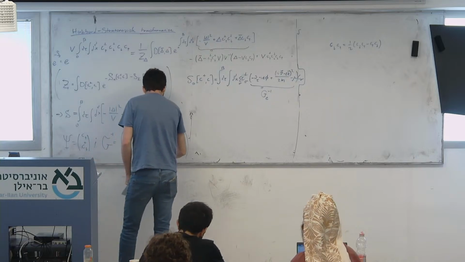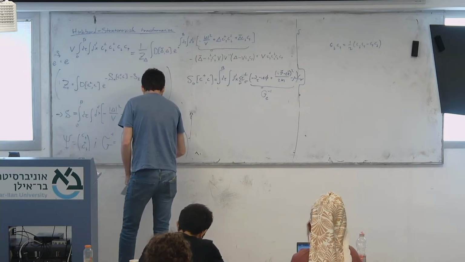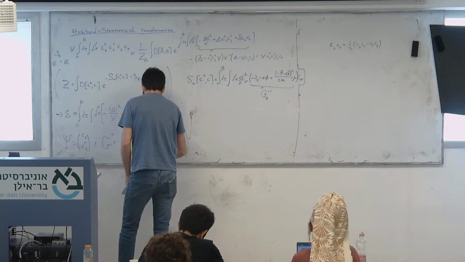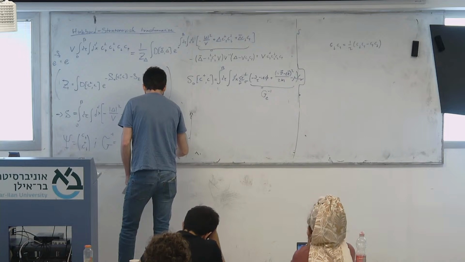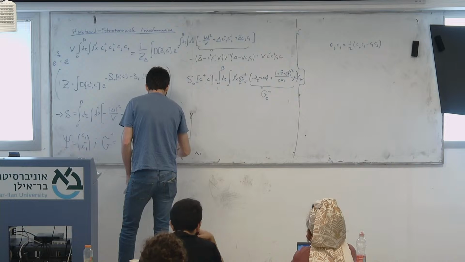Here we're going to have minus d tau, minus I grad, or plus EA, I guess. Let me see in a second.